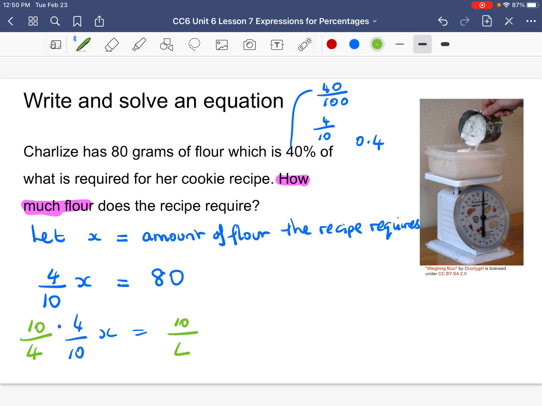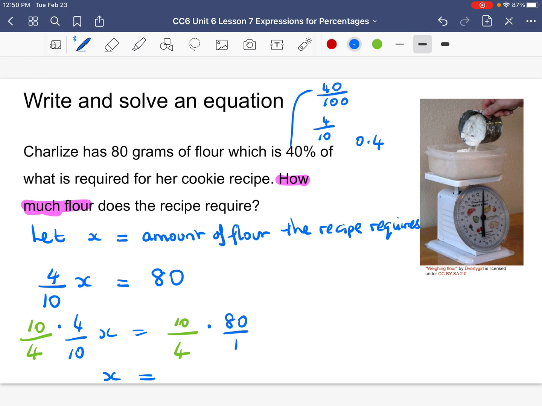Here's the reciprocal. You've got to multiply both sides by it, times 80. And 10/4 times 4/10 is 40/40, which is 1x, is equal to, and I'm going to do some simplifying here.